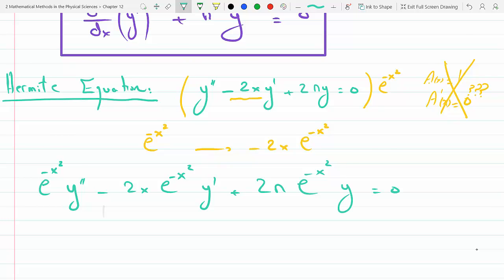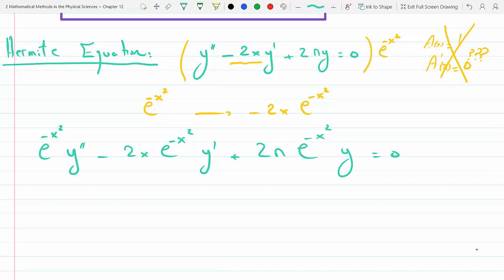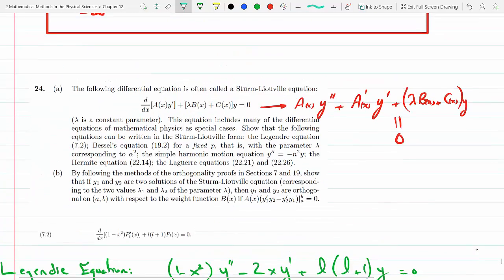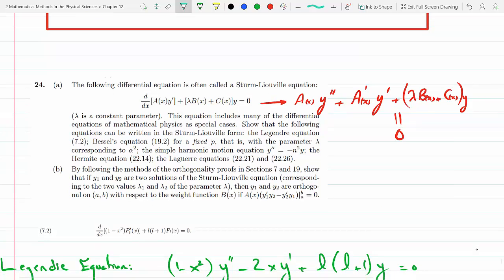And you can see now it works, because if my a of x, coefficient of y double prime, is e to the minus x squared, if I differentiate this, I get exactly the coefficient of y prime, which is minus 2x e to the minus x squared, exactly as it's supposed to be from looking at the Sturm Liouville equation. A prime should be the coefficient of y prime.